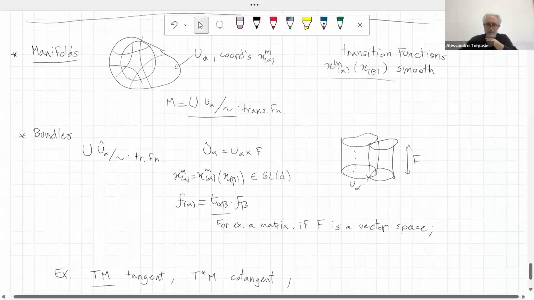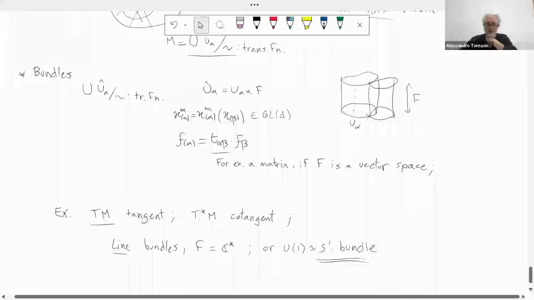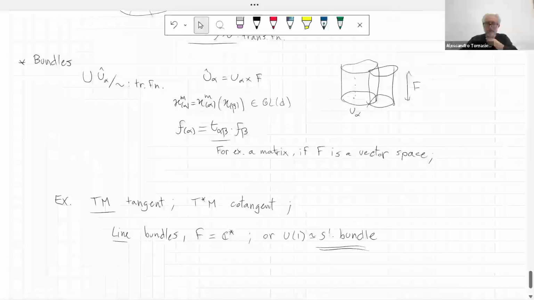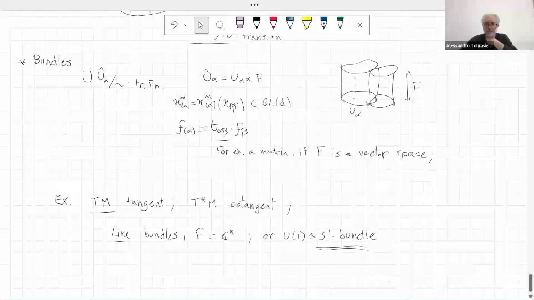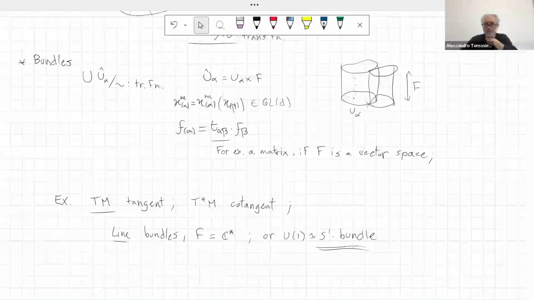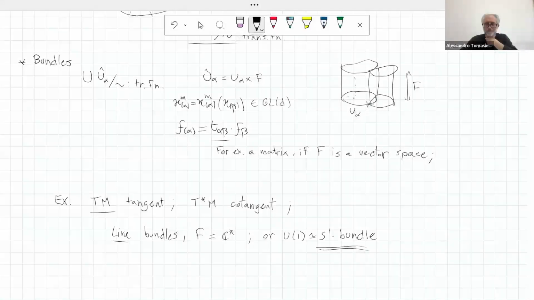We then saw what the bundle is, also very briefly, but basically it is a similar idea where the objects that we glue are more special. They are still open sets, but they are made of Cartesian products of an open set of the type that we glue to obtain a manifold, with a certain other space called the fiber.